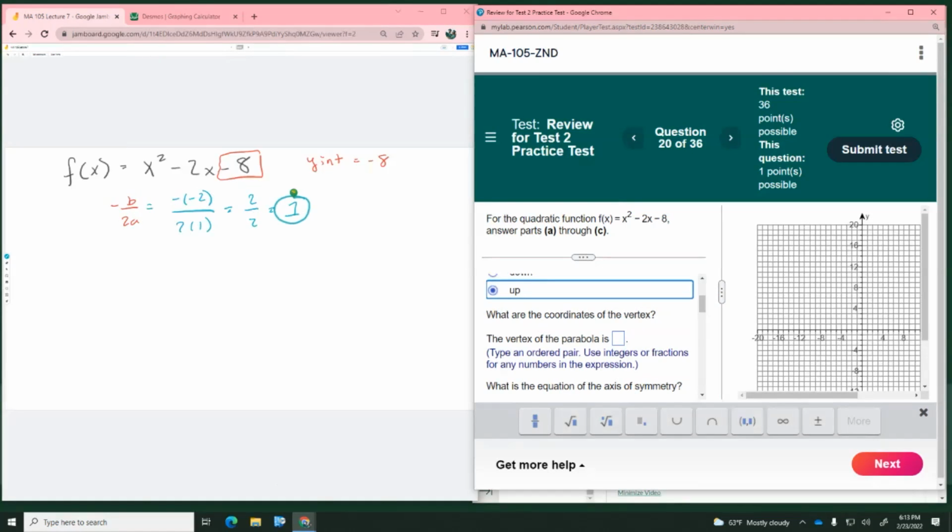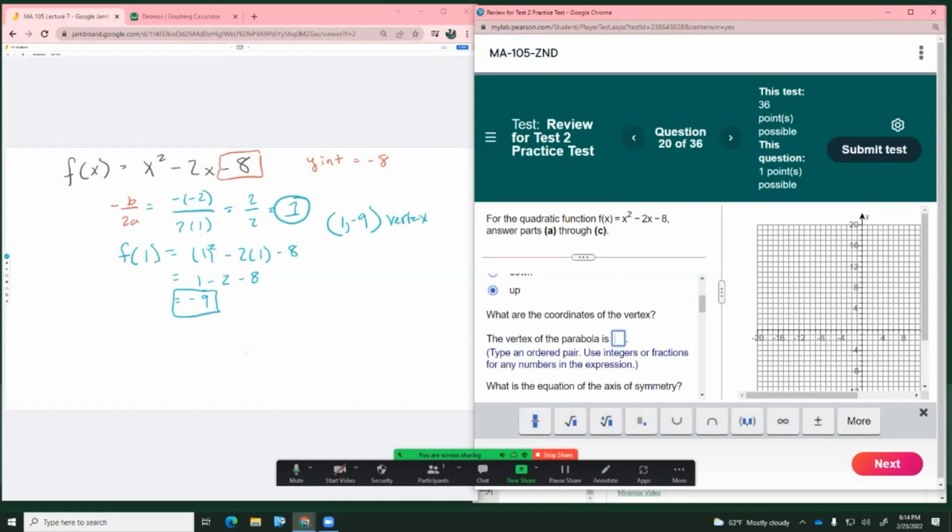And then we plug that into our function, do f of 1, which ends up being 1 squared minus 2 times 1 minus 8, which gives us 1 minus 2 minus 8, which is negative 9. So that is our vertex, 1, negative 9, is the vertex.